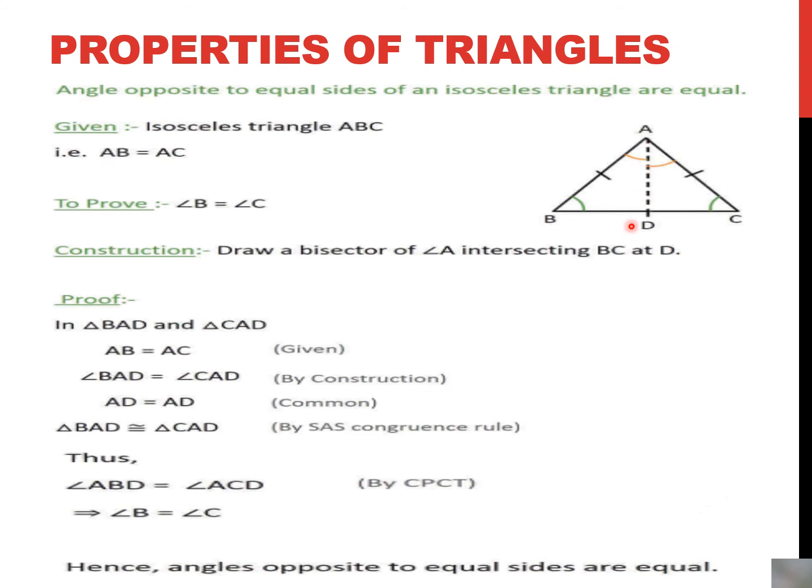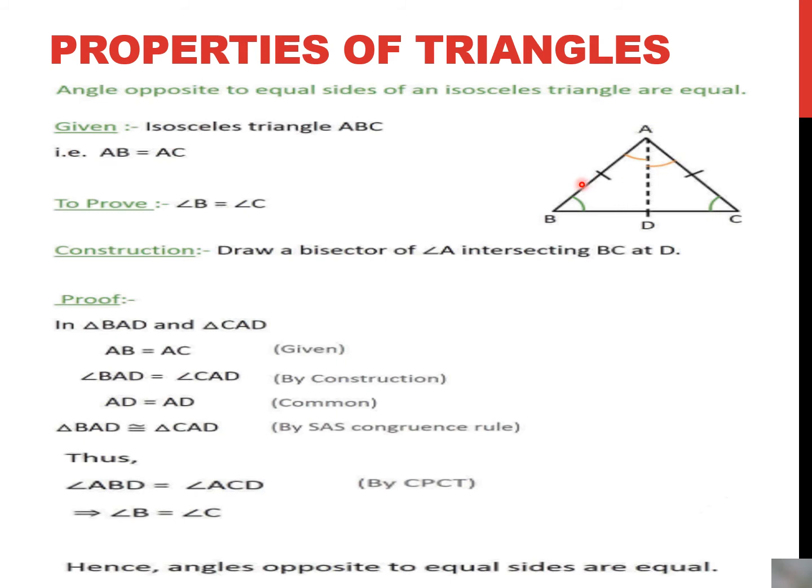Now if I take this triangle, I know AB is equal to AC. It is given in the question itself. AD is common in both the triangles, that's why AD is equal to AD. Then, because according to the construction AD is the bisector of angle A, angle BAD is equal to angle CAD. These angles are equal.